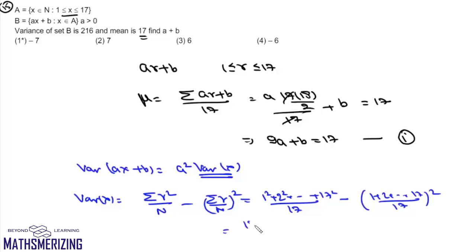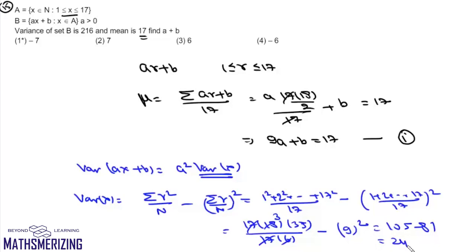Now this is n plus 1, so 17, 18, 35, and then 17 into 6, minus n plus 1 by 2. So 17 will cancel, it will be 18 by 2, so there will be 9 square. 17 and then 3, so it will be 105 minus 81. So it should be 24.